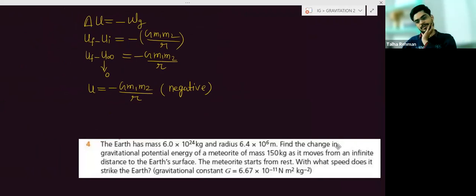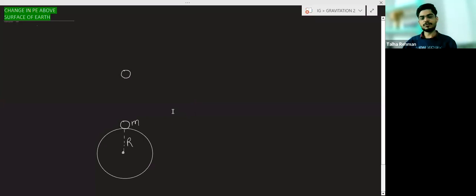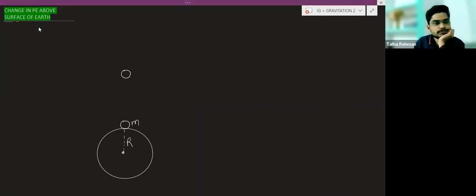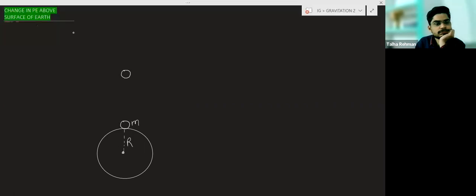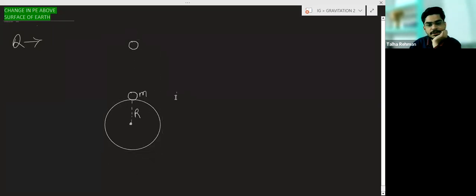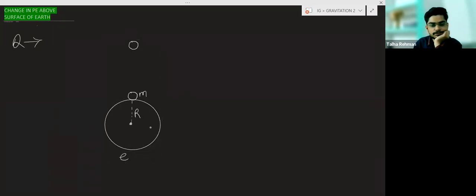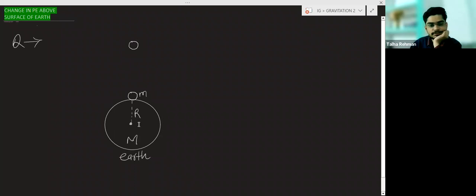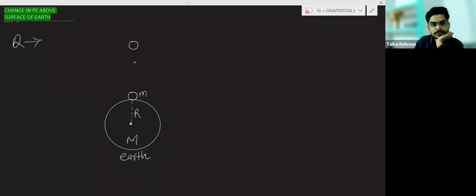Okay, so I am giving this as a question. Shafdin, you will try this question. This is the earth having mass M and radius r, and this is one mass m. This mass m is moved from this position to this position, and this distance is h.